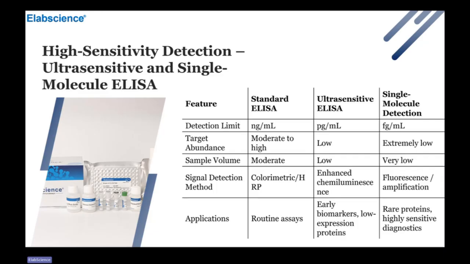Although at Elabscience we are not dealing with diagnostic ELISA kits, we can provide you a huge portfolio of research-based kits. Advanced detection methods such as signal amplification or fluorescence-based readouts enhance assay sensitivity. High sensitivity ELISA extends the reach of research into previously undetectable proteins.